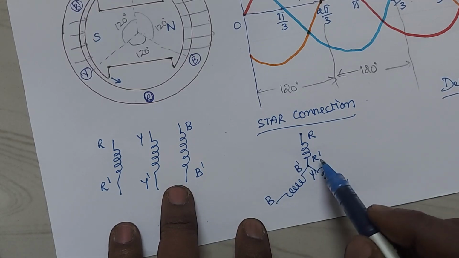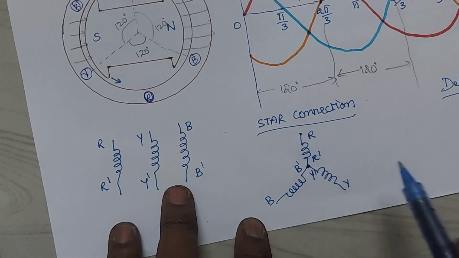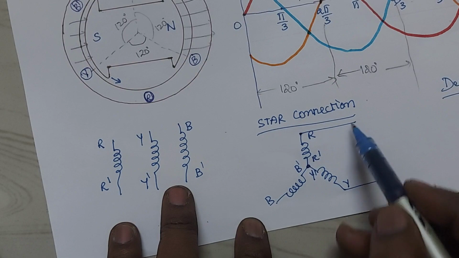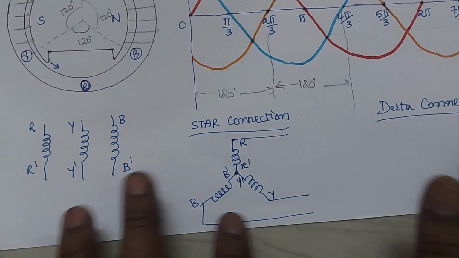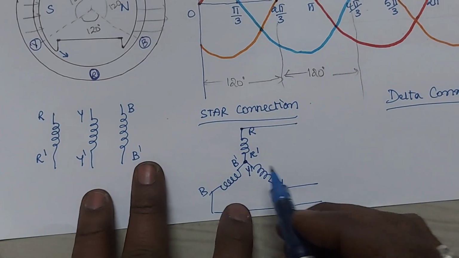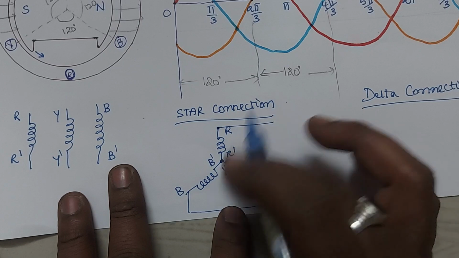So all these ending terminals are connected at one point. Now the beginning terminals are connected to any load like this. This is a star connection. Now we will discuss later coming to this connections.